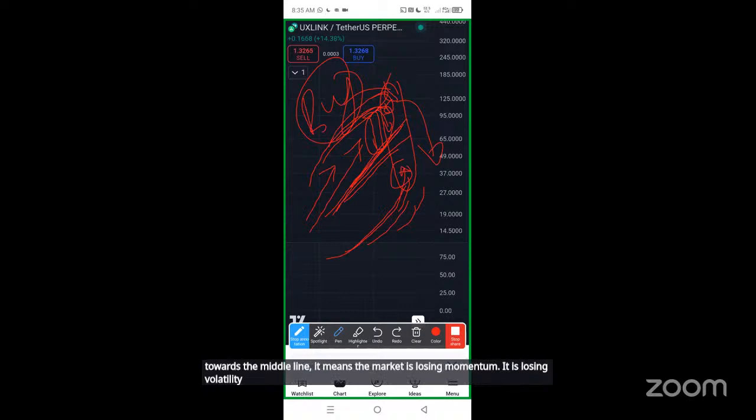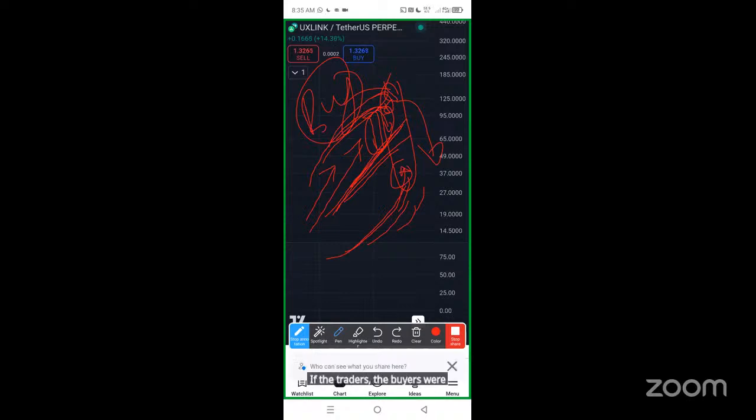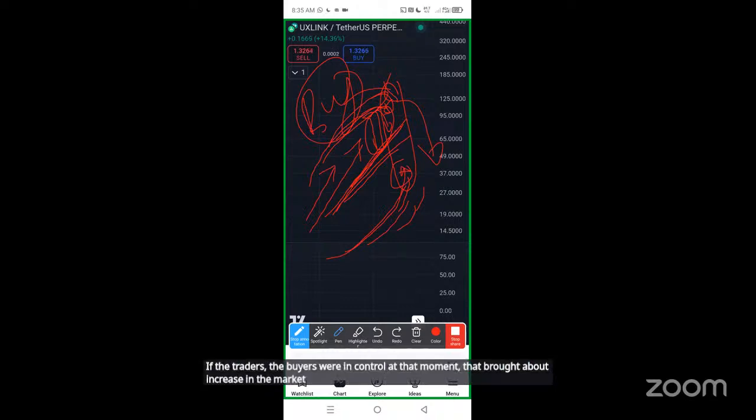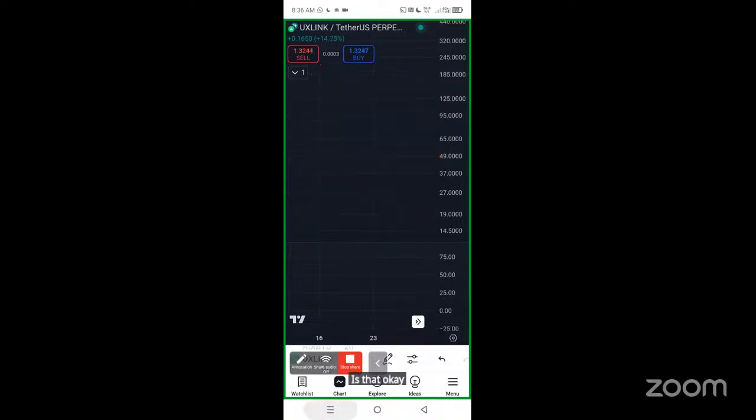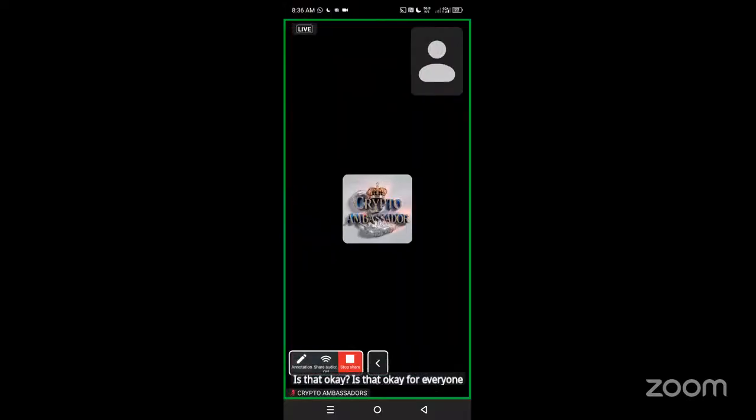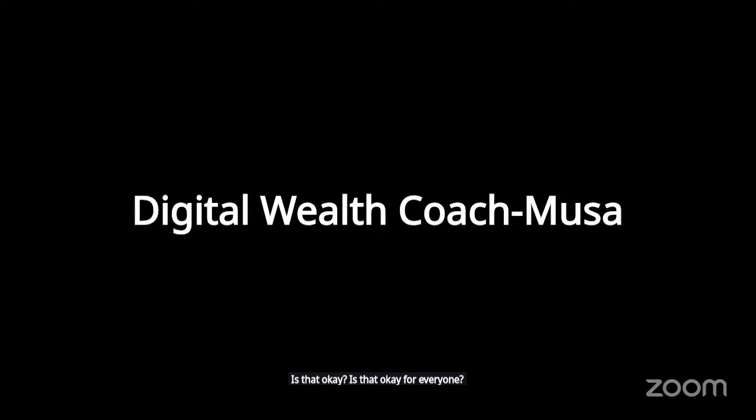So if the buyers were in control at that moment, that brought about the increase in the market price. Now it is time for them to begin taking profit. So anytime soon, the market price is going to begin having a reversal of the previous trend, which is a downtrend. Is that okay for everyone? Yeah. For now.